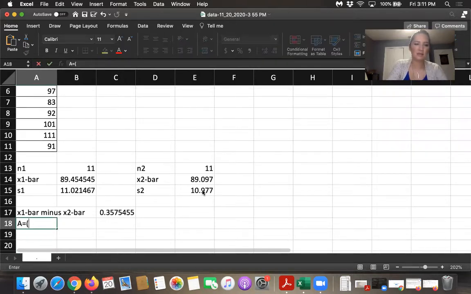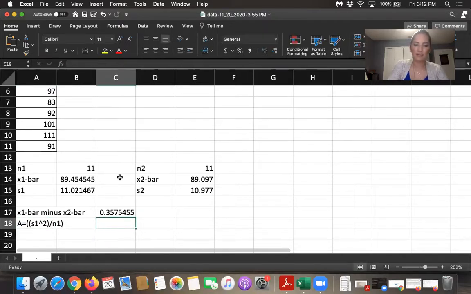A is equal to that first sample standard deviation squared, or if you want, you can call that the sample variance for the first sample. And then we're dividing by the sample size. Now that's just me writing it down so that I remember what A represents.